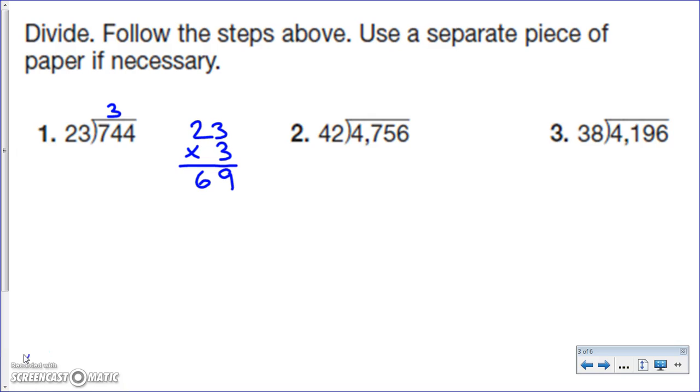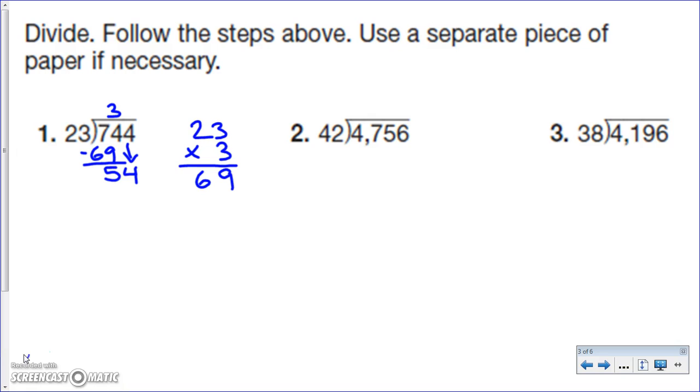Next, we're going to subtract 69 from 74. Which gets us 5. Next, we're going to bring down that remaining 4 so we can divide 23 into 54. And then, looking at that, we already know that 23 times 3 is 69, so we know that's too big.